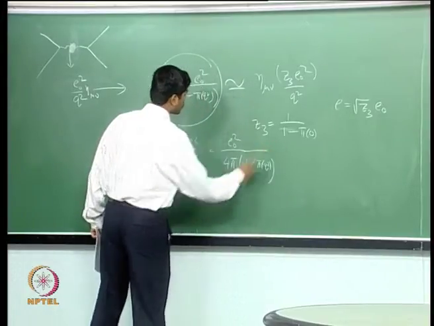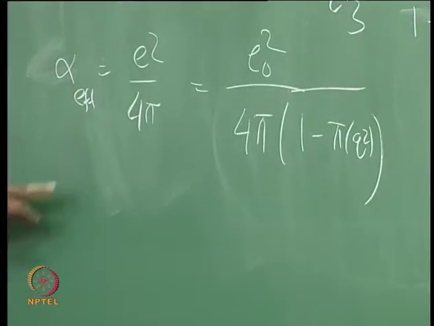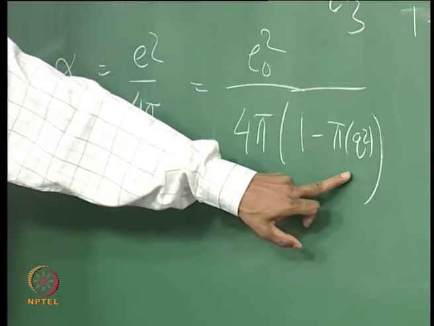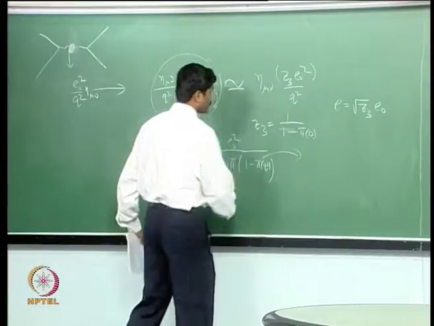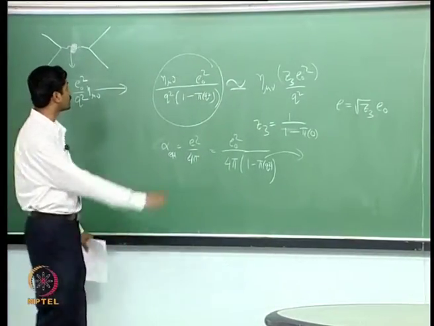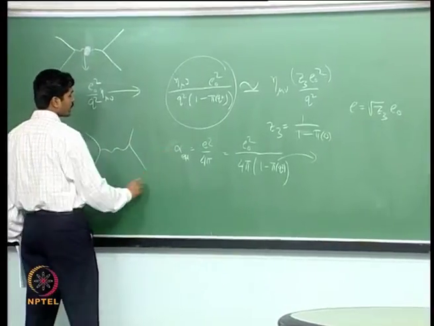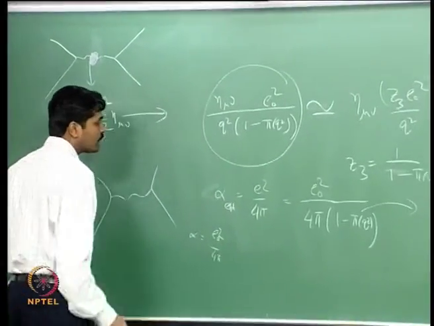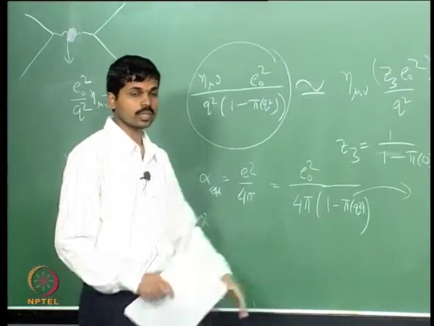The effective fine structure constant depends on q squared, and this pi of q squared contains the information about all the quantum corrections. At tree level, to zeroth order, if you consider merely a process like this, alpha is simply e0 squared divided by 4 pi.